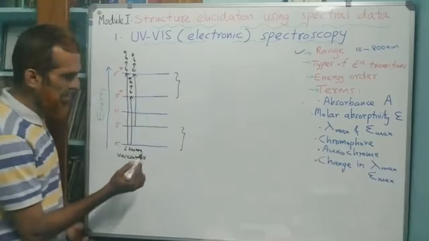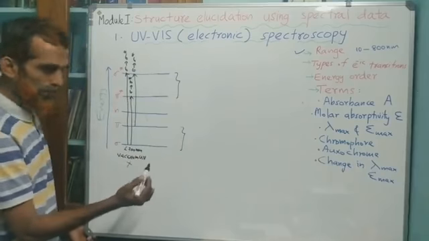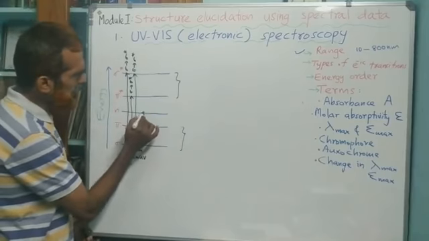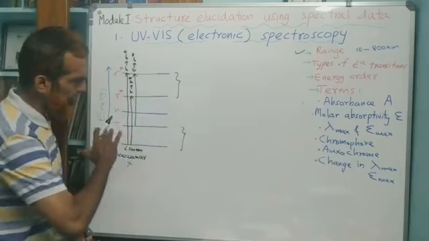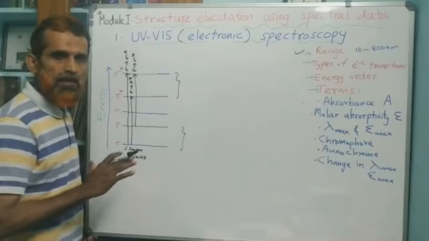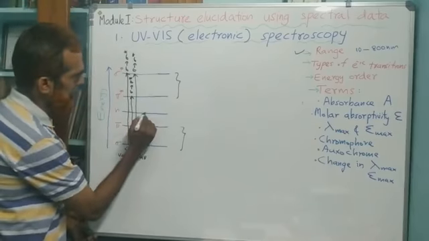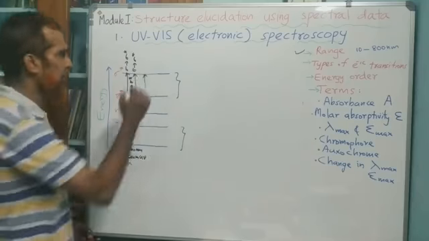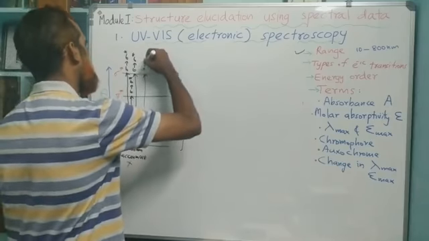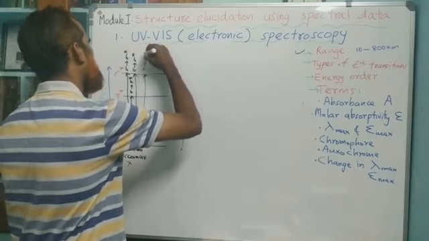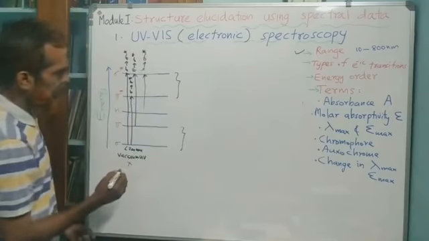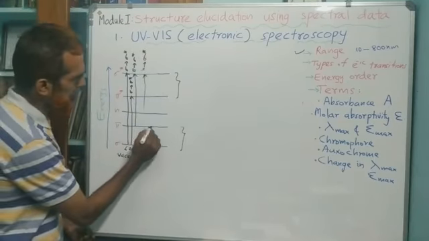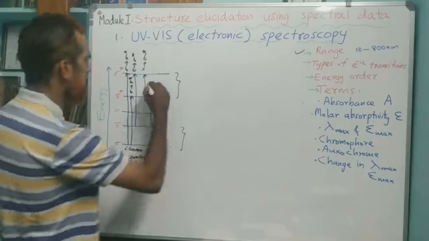Let us take the remaining transitions. Which are they? The next ones, we are considering energy in decreasing order. So the next one is N to sigma star. Okay, this is the next transition, N to sigma star. Then we can consider pi to pi star.